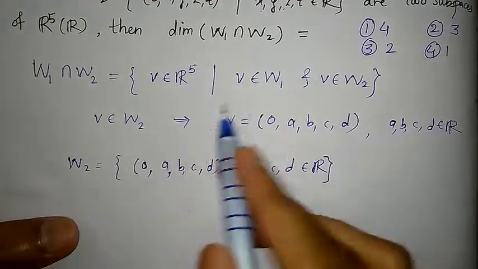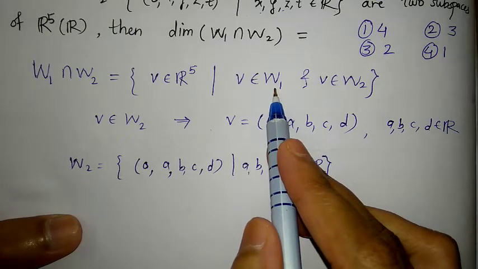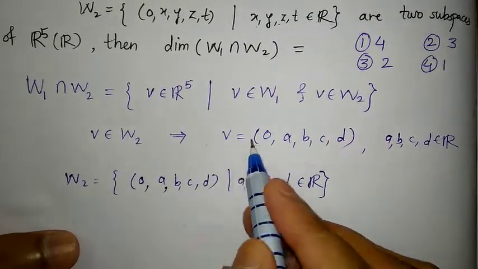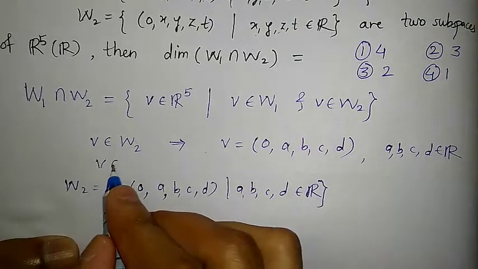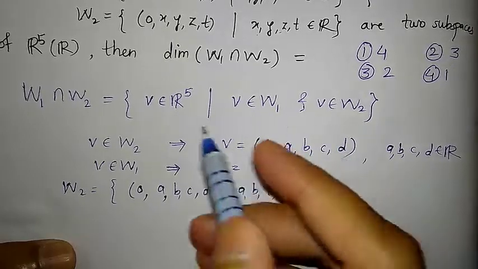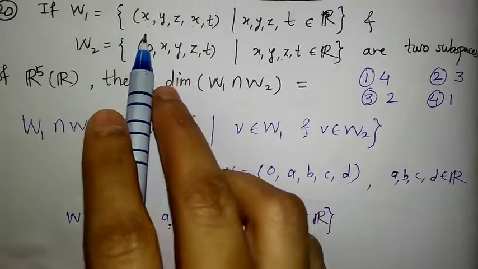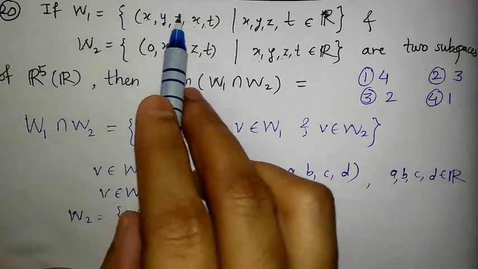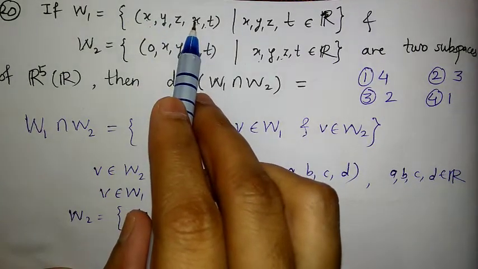Now v is in W1 also, since we are taking the intersection. Now look at W1: in these vectors, the first and the fourth coordinate are the same, right?